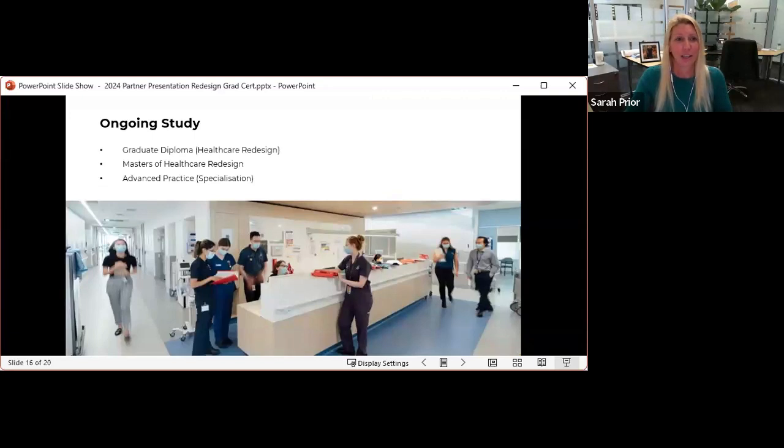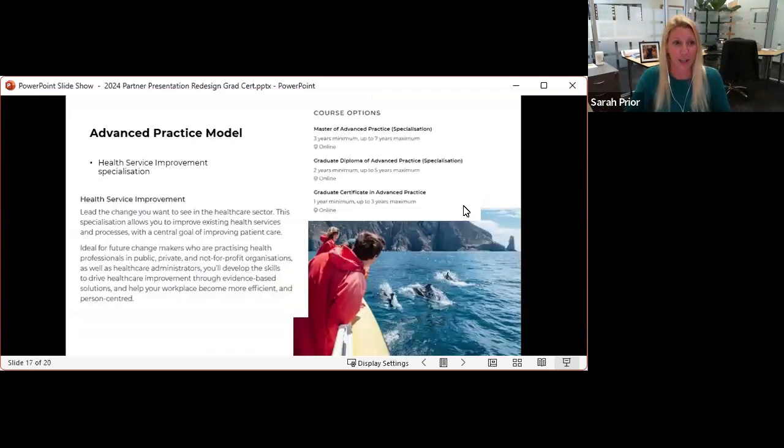And as I mentioned earlier, we do have the 3 levels. So the graduate certificate, which I've talked about, there is a graduate diploma in healthcare redesign, which is another 4 units on top of the graduate certificate, and then a further 4 units or equivalent for a Masters of Healthcare Redesign. The university also has an advanced practice specialisation, of which health service improvement is one of those specialisations.